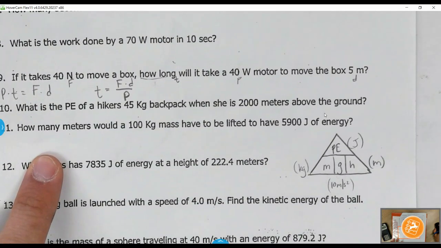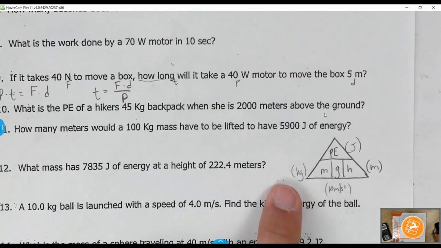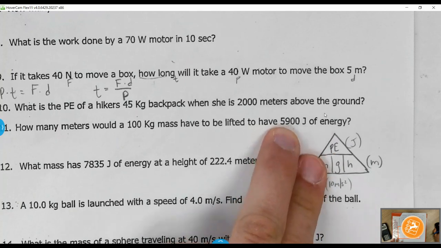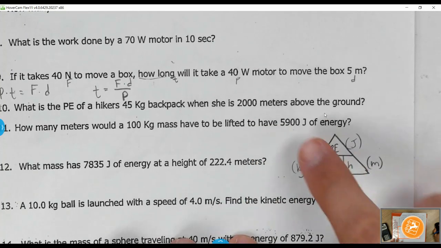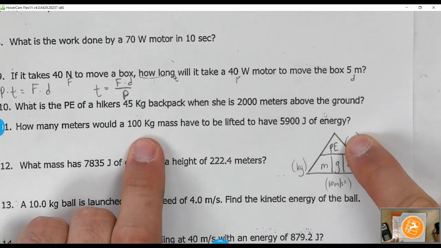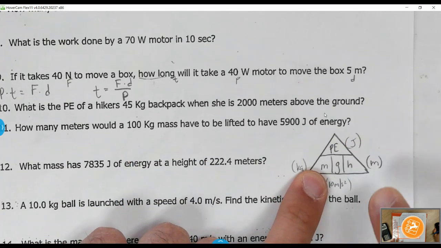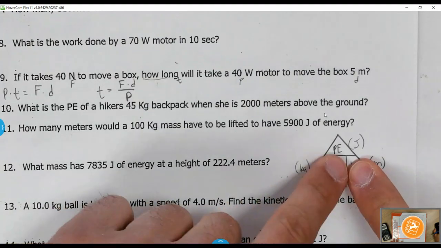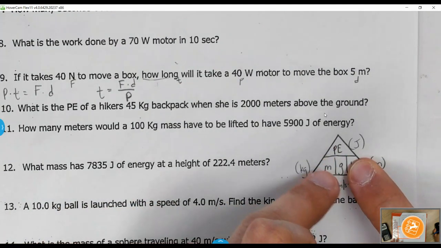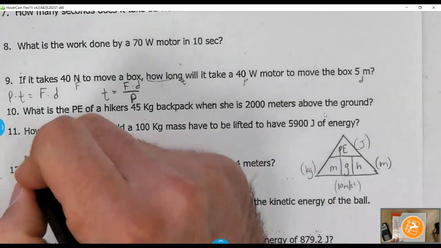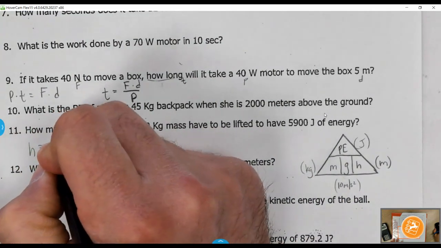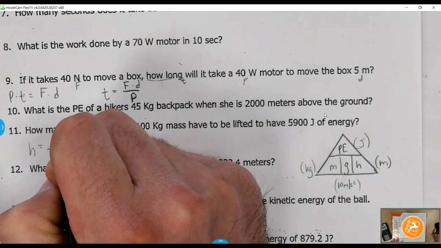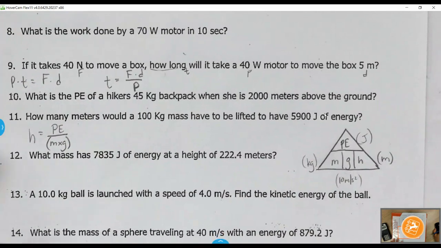Number 11, they're like, all right, how many meters would it take a 100 kilogram mass to be lifted to have this much energy? Okay, so we have our J for PE. We have KE for M. They want us to find height in meters, and G is 10. So if I covered up H, it's PE divided by mass times gravity. So that would be the equation to use. If we're looking for H, the potential energy divided by mass times gravity.